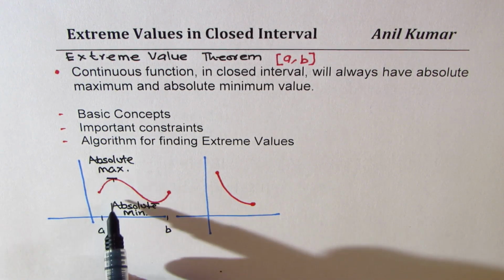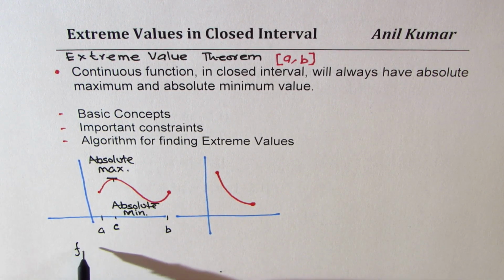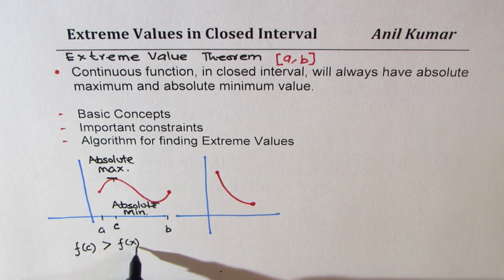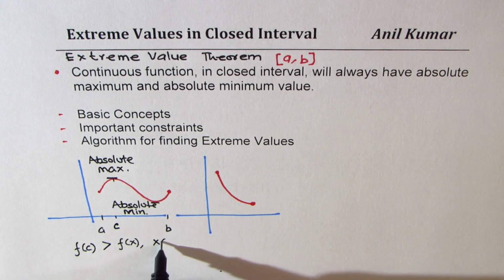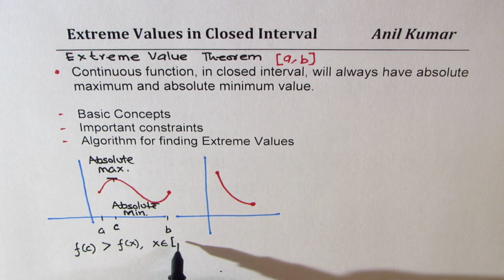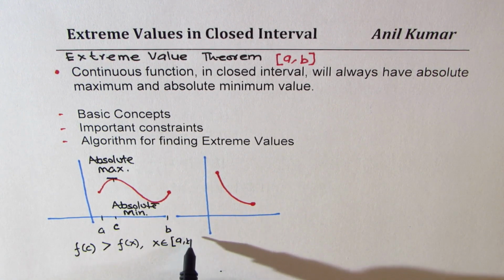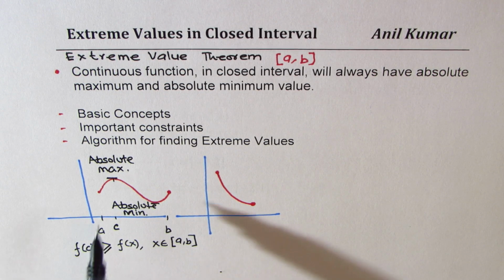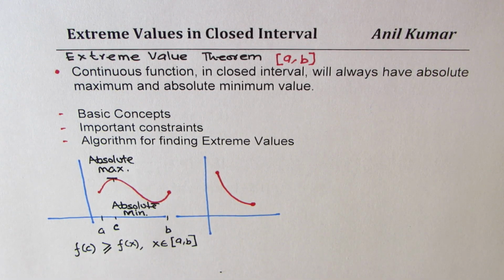So when we say absolute maximum, that means the value of the function at C is greater than any other value where x belongs to the interval A to B, right? Since C is within this interval, we'll say greater than or equal to. So it is going to be equal to at C, right?